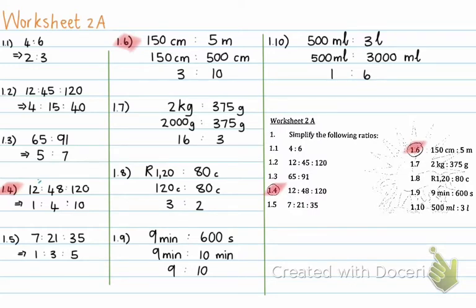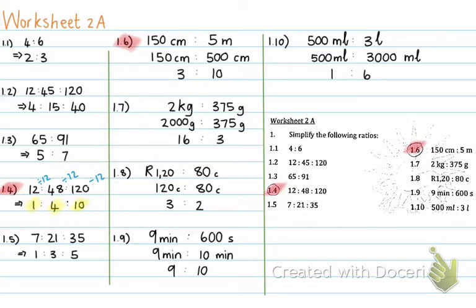So then you say the first number, 12 divided by 12, that's going to give you 1. Also 48 divided by 12, that's going to give you 4. And 120 divided by 12 is going to give you 10. So the simplest form of this ratio will then be 1 to 4 to 10.